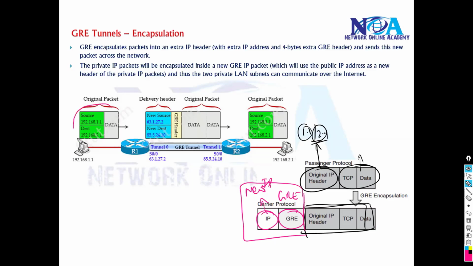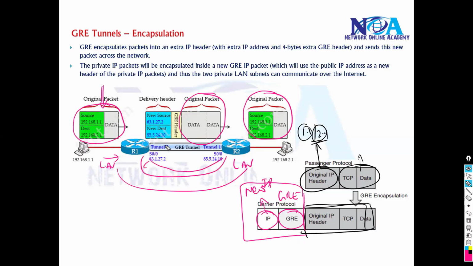Let's say this is your original packet. It will be original as it is, and when it reaches the destination, it will be original as it is. But when it goes through your tunnel interface, it is going to add some additional information.